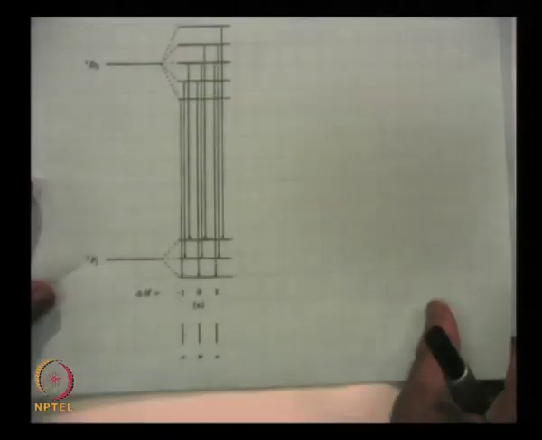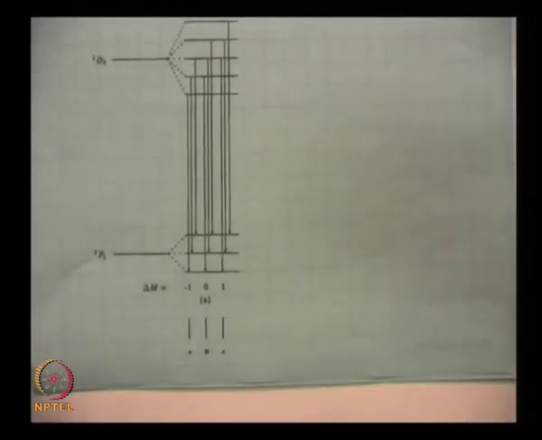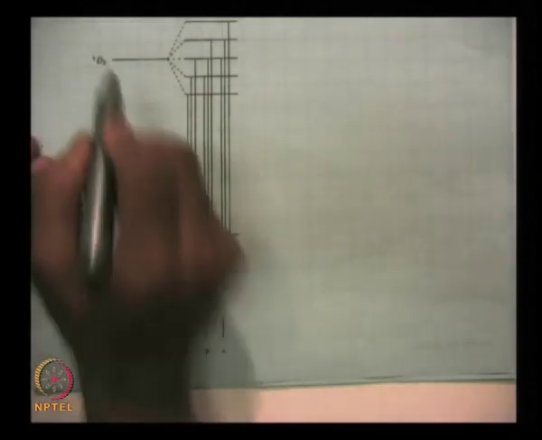Unfortunately, this theory is not applicable to the hydrogen atom, because we have to take into account the effect of spin and the spin orbit interaction and other things. However, if I have a singlet state like in cadmium, then S is equal to 0. So this is the singlet D2 state.